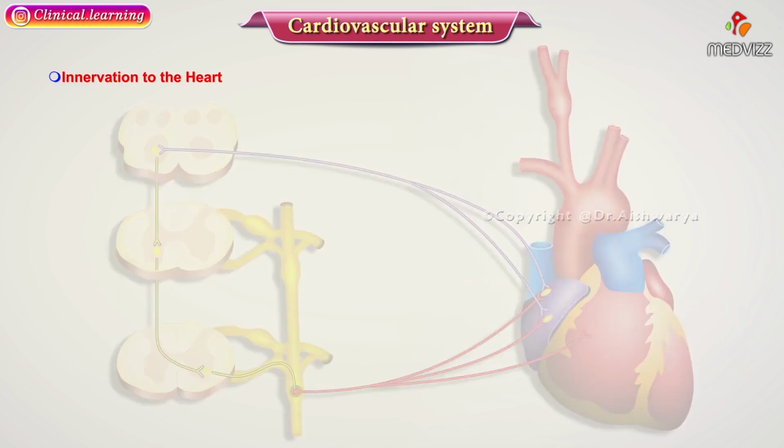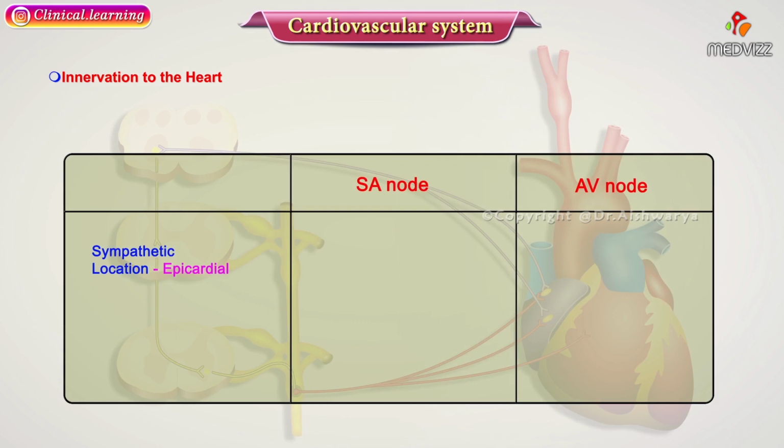The sympathetic location is more commonly epicardial, where the SA node is innervated by sympathetic fibers from the right stellate ganglion, but the AV node is mainly from the left stellate ganglion.